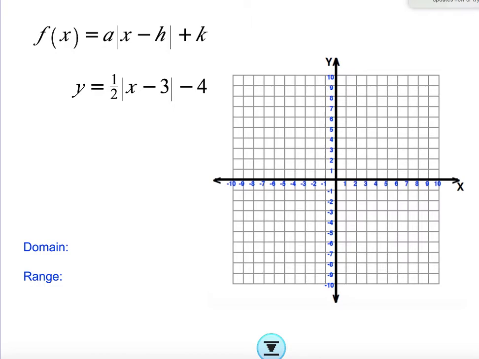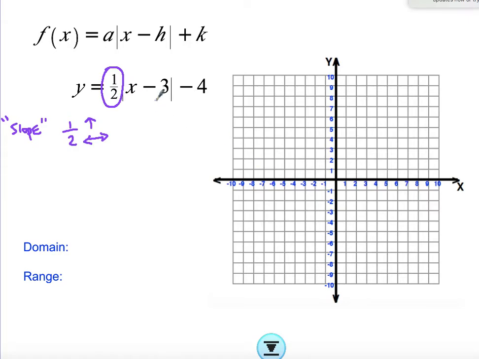So in this example, we've got a value of a out in front here, so that is like our slope. So if we have a slope of 1/2, that means we're going to go up 1 and then go over 2 in both directions.